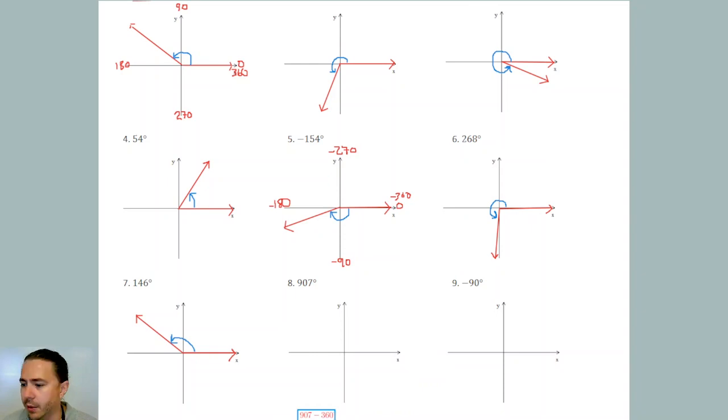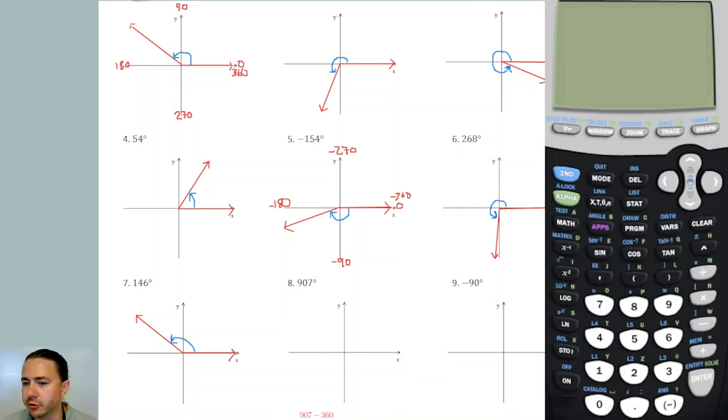Now, I want to check my arithmetic here. I don't trust my own arithmetic. So I'm going to do 907 minus 360. I get 547, so I'm not quite there yet. I want to keep going. I want to subtract another 360.